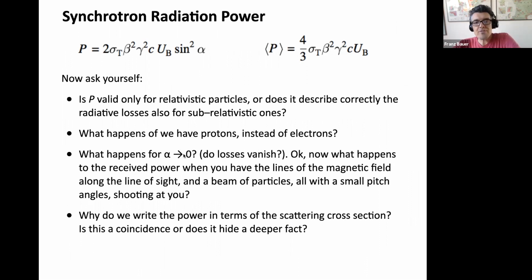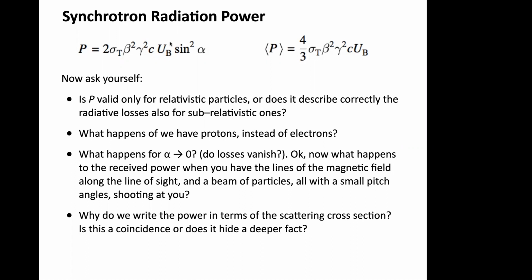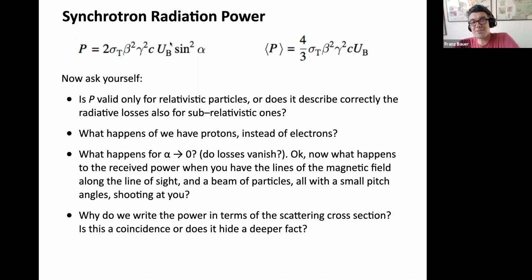What happens if alpha is 0? Anyone? We have 0. So you have 0, right? So you don't get anything. What happens if alpha is non-zero but very, very low?